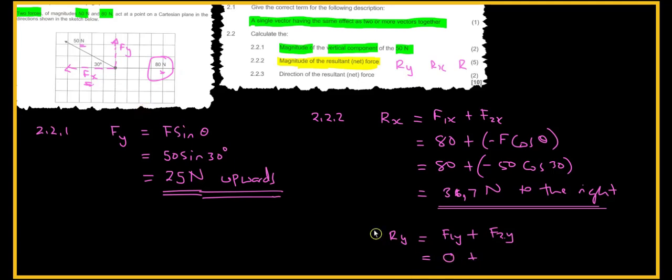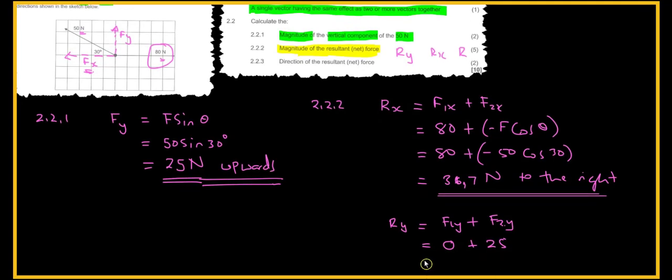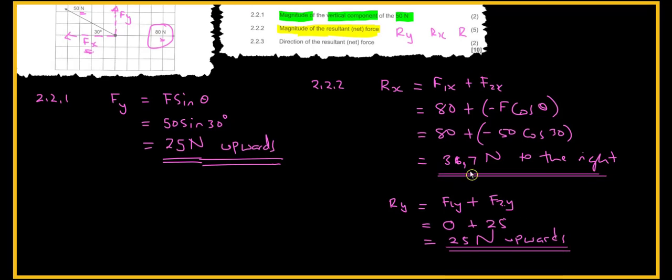My F2y is this particular component here, which I calculated, so that's 25 newtons. So it means that my Ry is equal to 25 newtons, and this is upwards as well. Right, so I now have my Rx as well as my Ry.